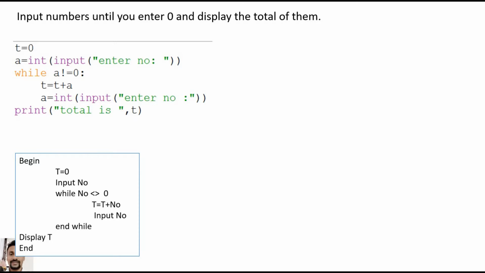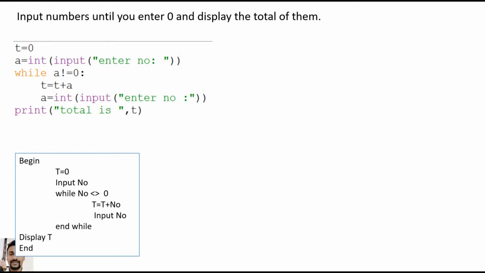Then after giving colon, you have to indent t equal t plus a. That means you are adding that number. Then I am taking another number inside the while loop. Why I need to take another number inside the while loop has been discussed in the flowchart and pseudocode video.